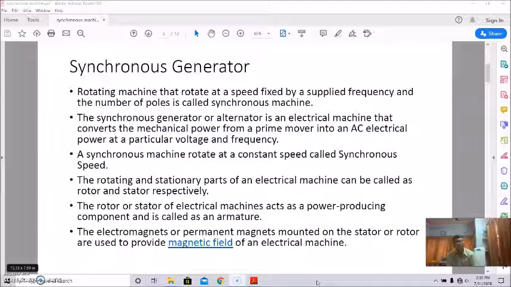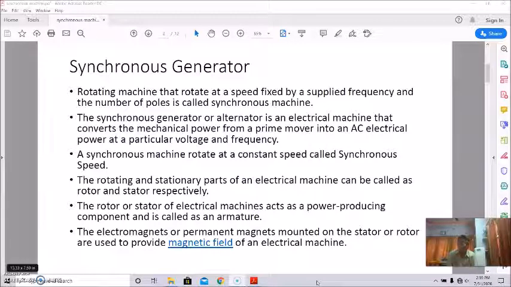A synchronous machine is a rotating machine. It rotates at a speed fixed by its supplied frequency and the number of poles, and that speed is called the synchronous speed, which is why the machine is called a synchronous machine.